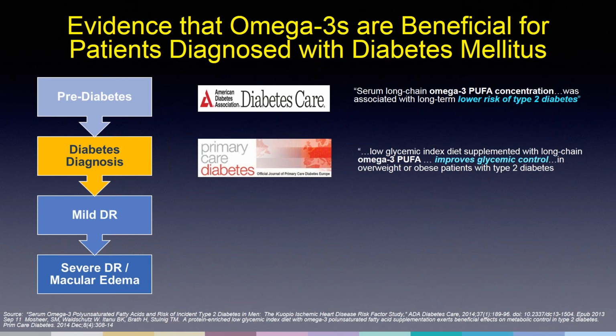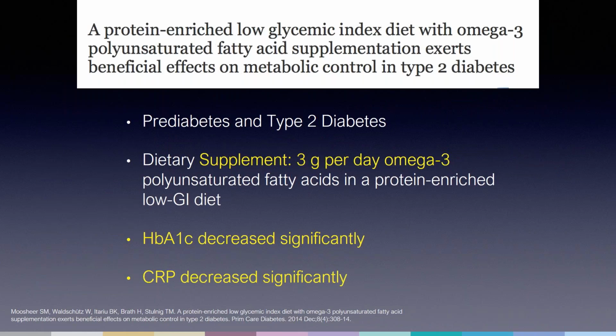So is there evidence that the omega-3s can prevent diabetic retinopathy, or at least slow it down in patients who have diagnosed diabetes? In fact, there is.